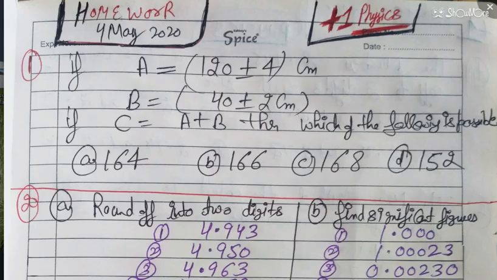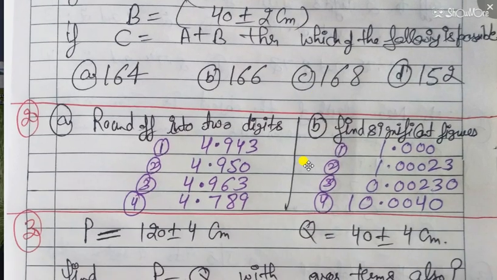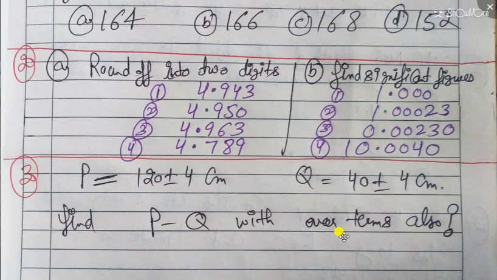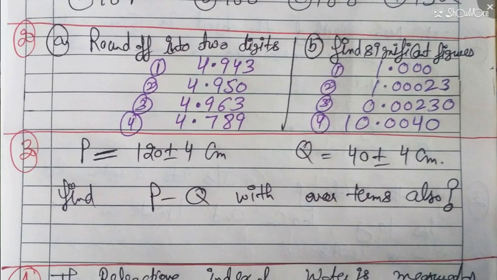Now we are moving to the second question. The second question is about rounding off into 2 digits. So some students have made a mistake here. Rounding off to 2 digits means I have to round it off into 2 digits. So that means I have to round it like 4.9 or 4.8. So this means 2 digits.